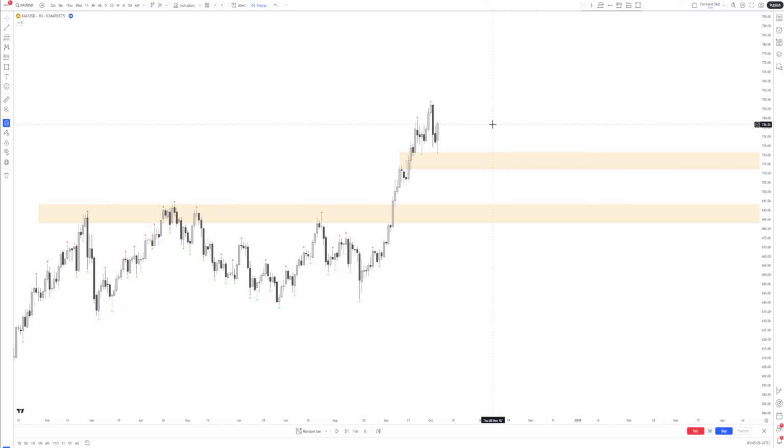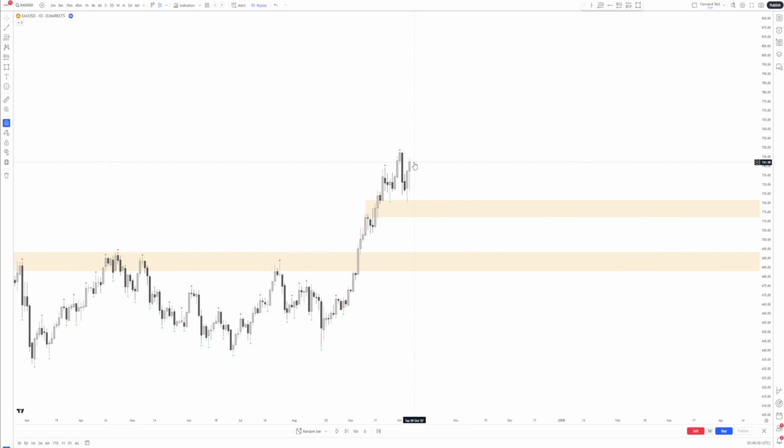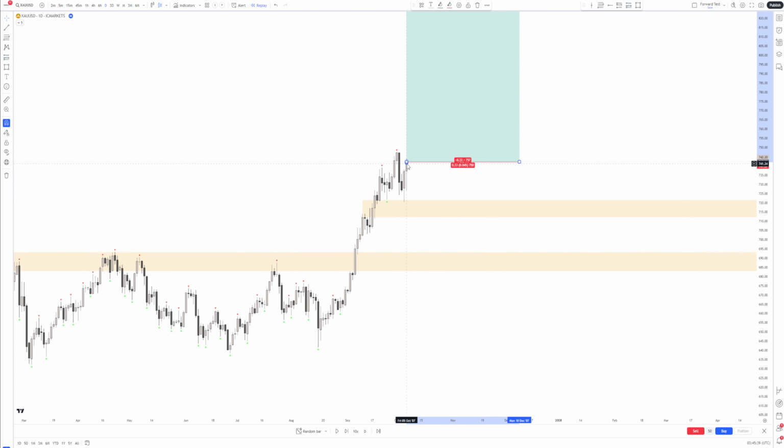You can see price has tapped that area, and can we get a consecutive candle? Yes, we can. You can see it's tapped into that zone, and now let's put our stop loss below that area.